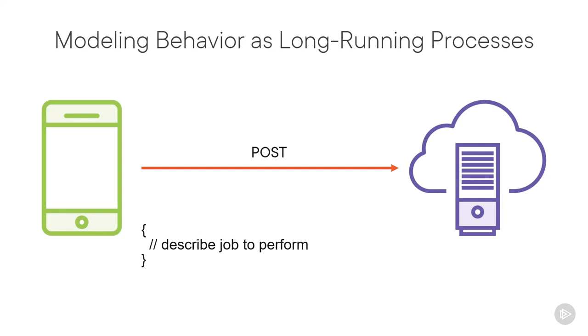Another option for dealing with long-running processes is to create a noun that represents the process itself. We can introduce something like a job, a process, or an operation, and then use that as the resource that REST is representing. In this case, we could POST to the server a new job that we want the server to begin performing.